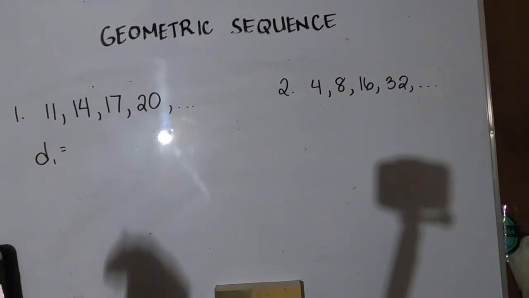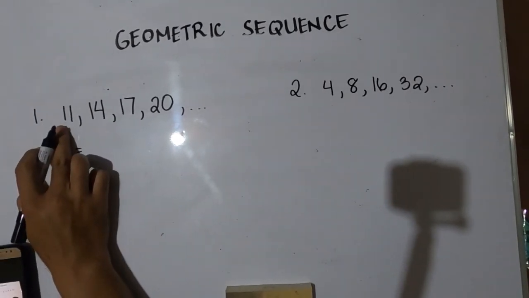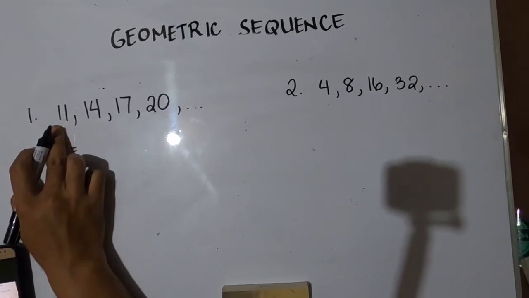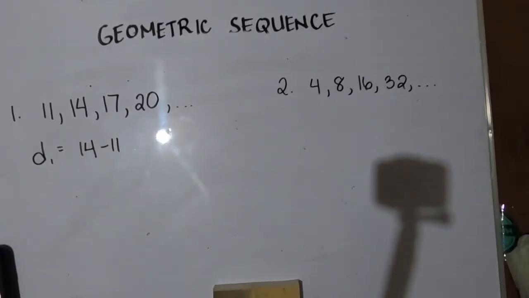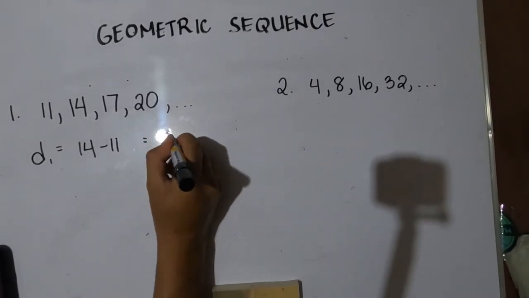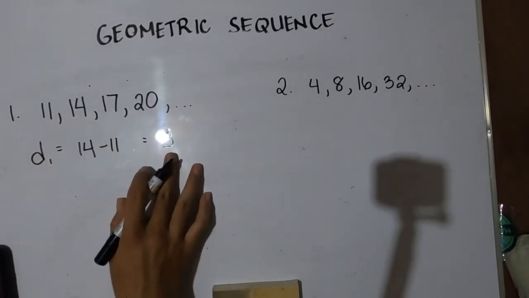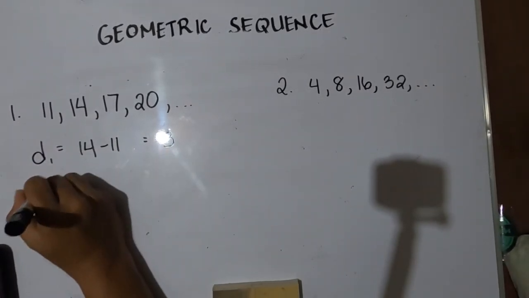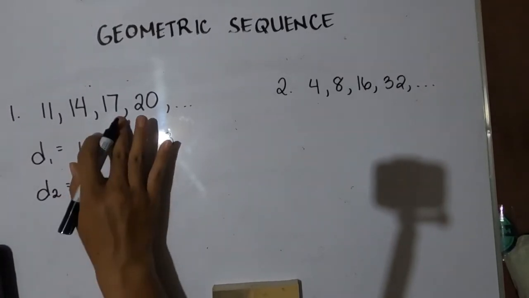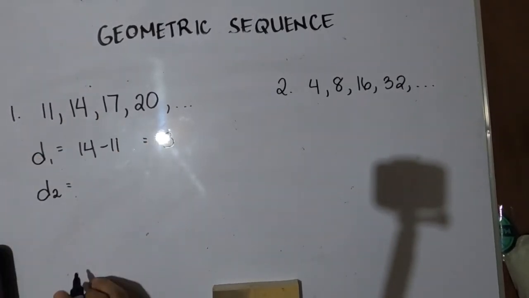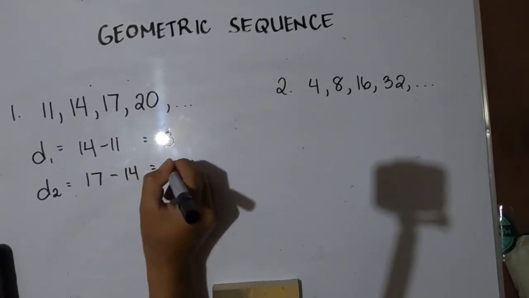Let's determine the difference between the second term and its previous term, which is the first term. 14 minus 11 is equal to 3. The difference between the second term and the first term is 3. Let's verify that the difference between the third term and the second term is the same, 3. 17 minus 14 is 3 as well.